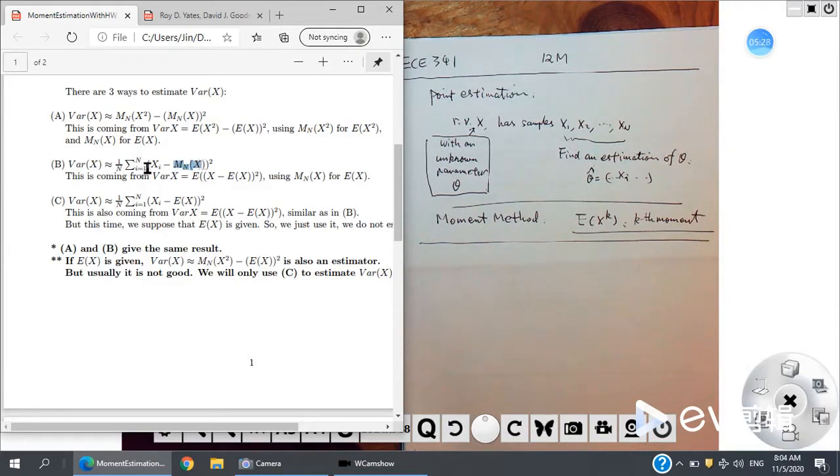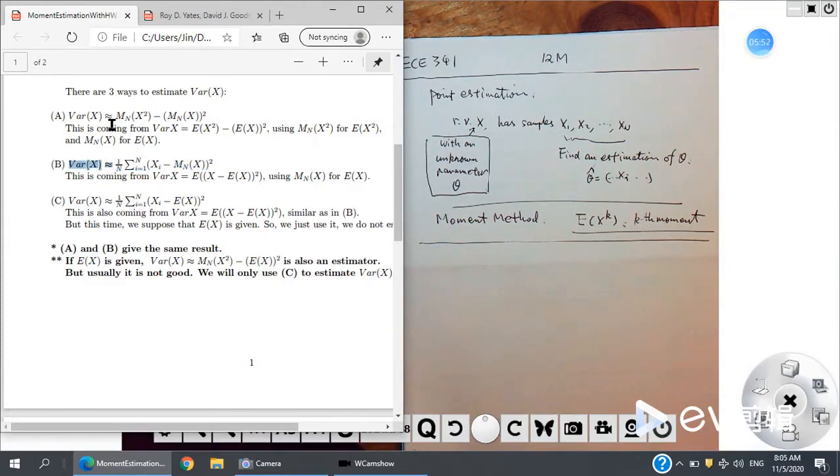The xi is the observed data, so you put the data minus this mean, which is also calculated from the sample data. Then you square, add them together, and divide by n. Then you have an approximation of the variance, so this is also an estimation.